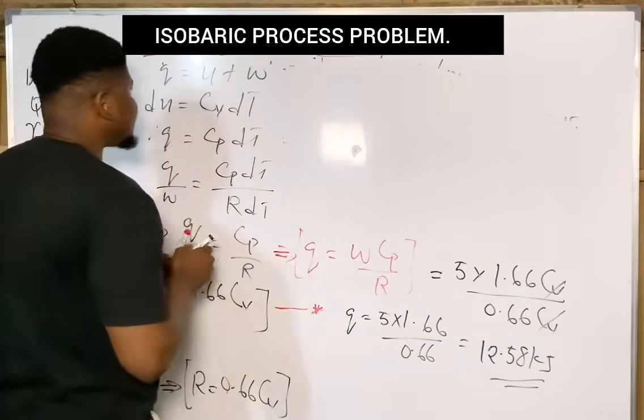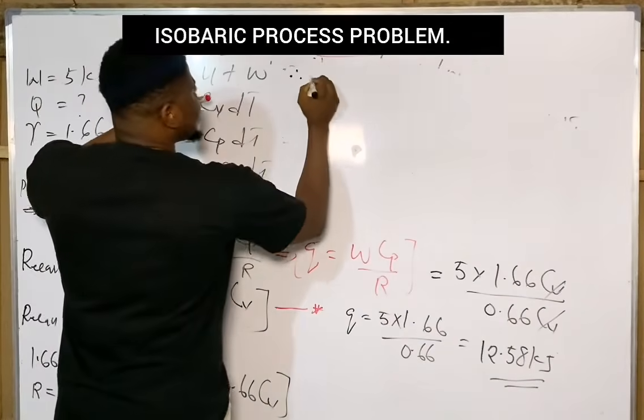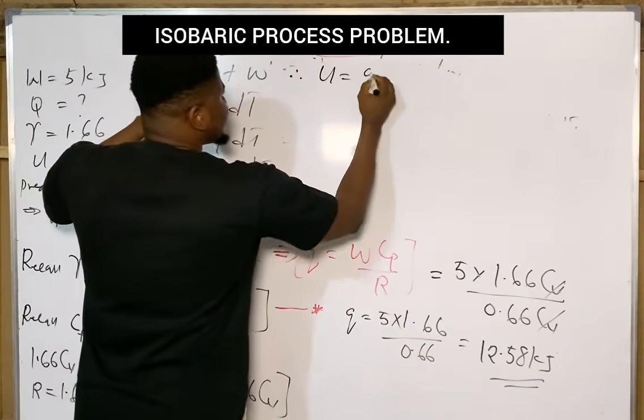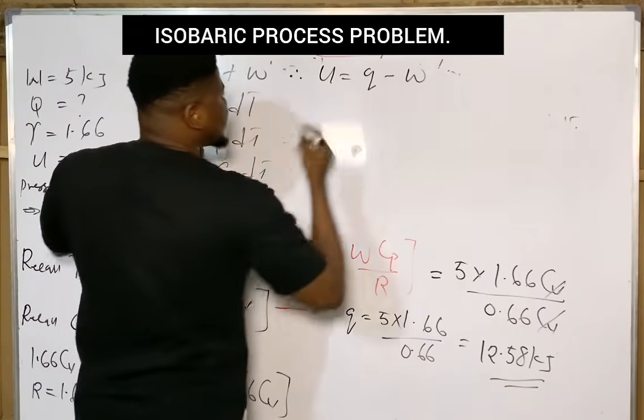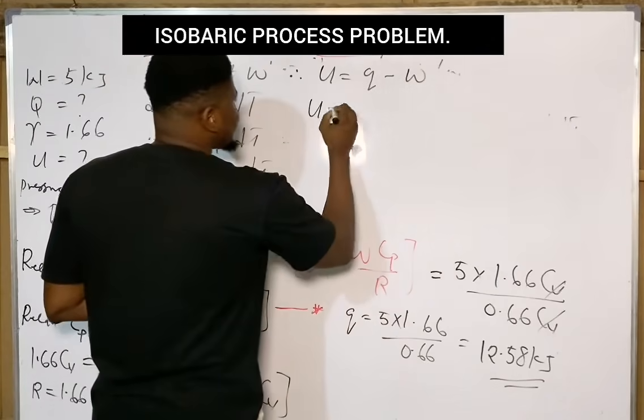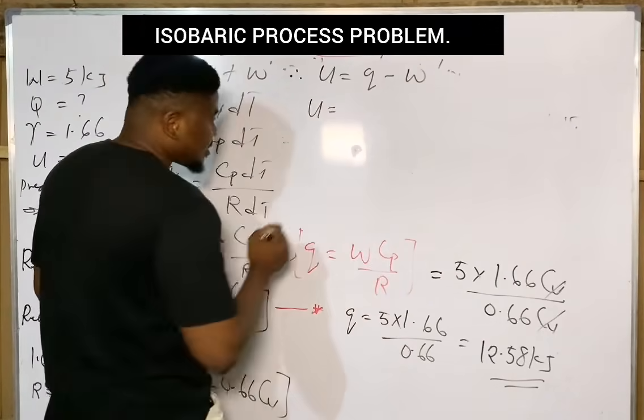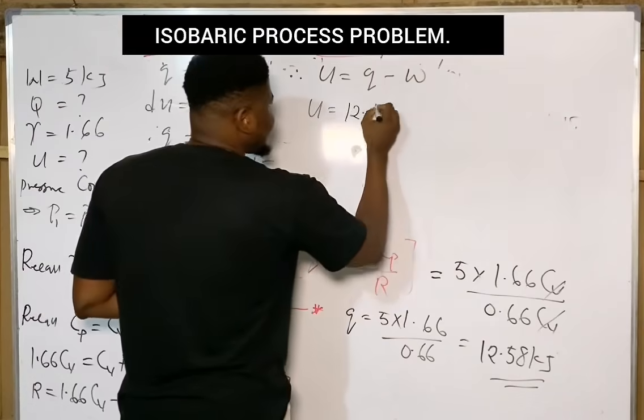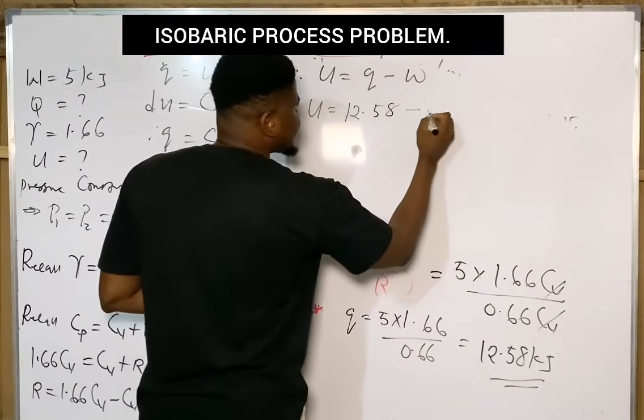If we make internal energy the subject, U is going to be equal to Q minus W. We know what W is, and we know what Q is. Q is 12.58 minus W, which is 5.